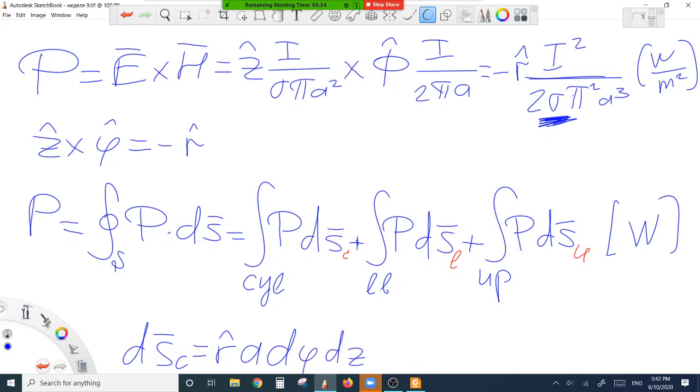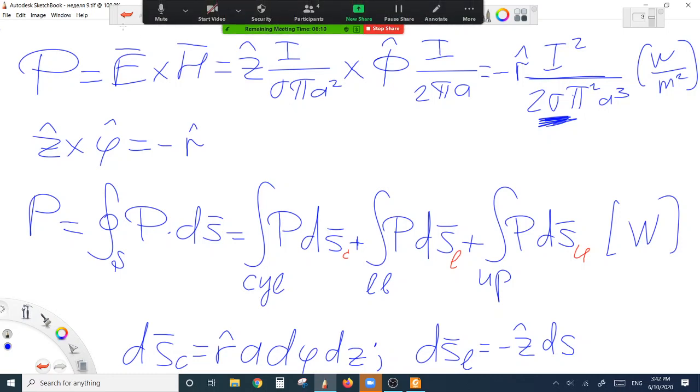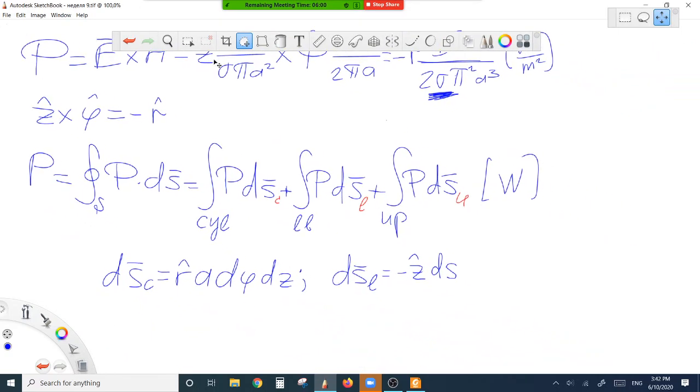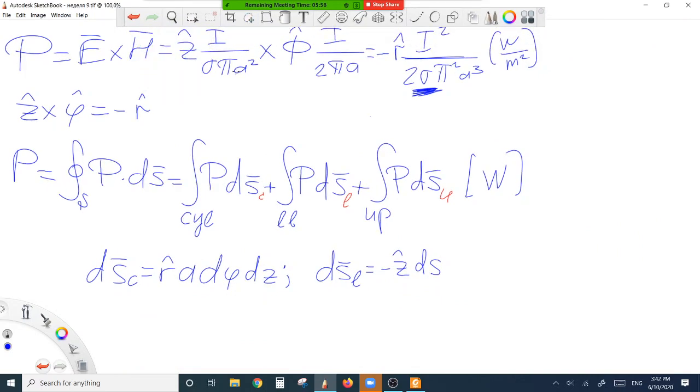The ds of the lower base is minus z ds, and the ds of the upper base is plus z ds.